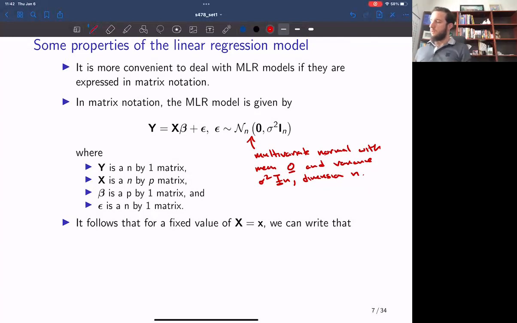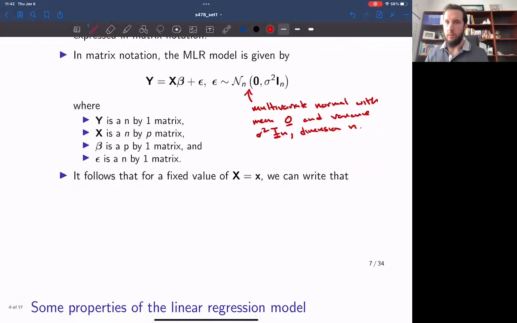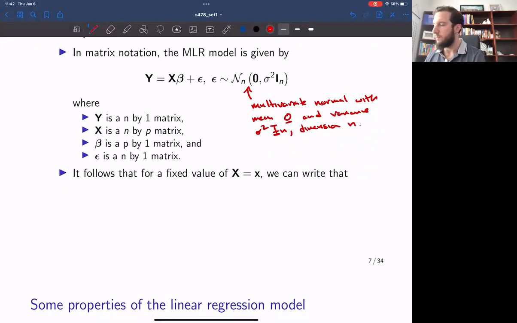All right. So given this notation, we can actually write down the properties of the model with a lot of ease. So for example, we can show that, let's say we wanted to give the mean and the variance, for example, right?